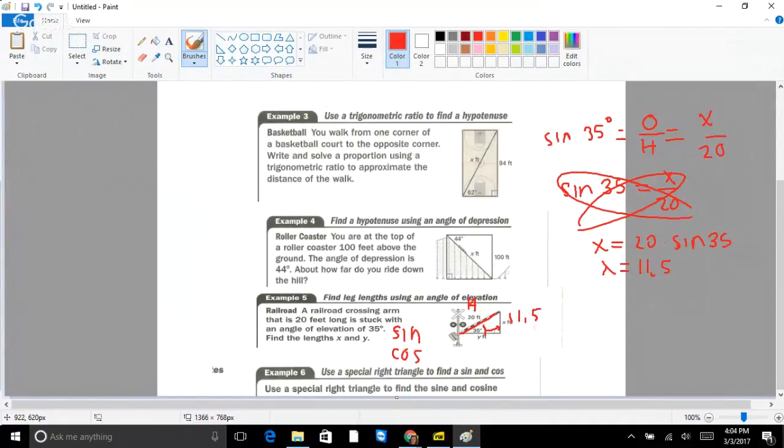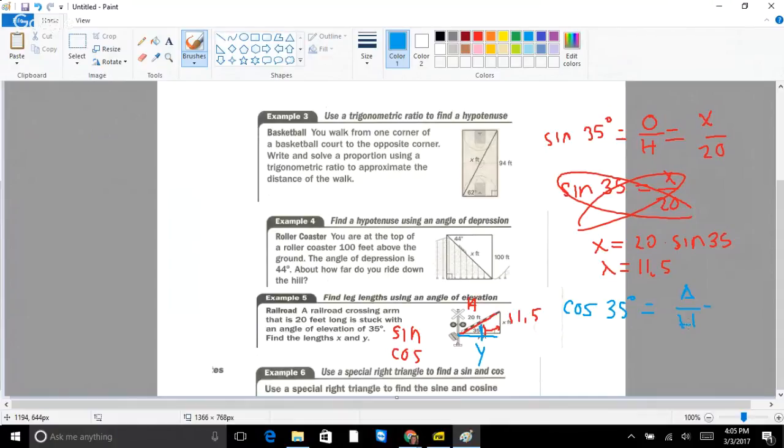All right, now what about y? What about this length that's down here? Well, there's actually two options for y. One option would be that we could actually use the Pythagorean theorem, right? To figure out what y is. We could also use the cosine, because we haven't used that yet. So the cosine of 35 degrees equals the adjacent side over the hypotenuse. It's a little hard to see on there.